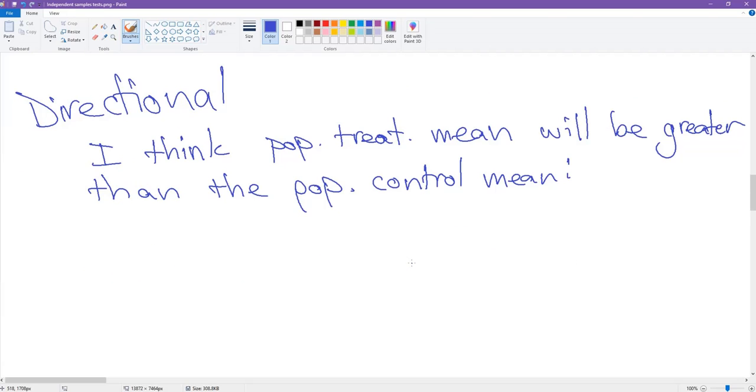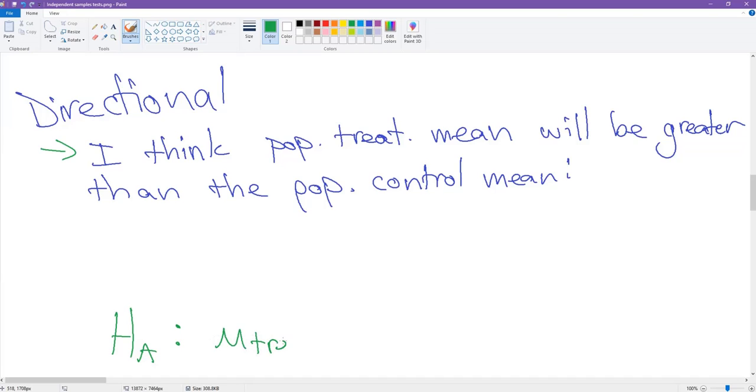Well, this time around, it's actually easier for me to make my alternate hypothesis first and then my null hypothesis. Anytime you're doing some sort of directional thing, try writing out your alternate hypothesis and then your null hypothesis. Let's start with green again for the alternate hypothesis. When I'm dealing with my alternate hypothesis, I read along with what I wrote for my research hypothesis. I think treatment mean will be greater than control mean. Cool.